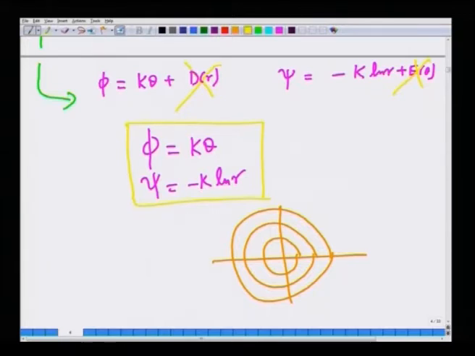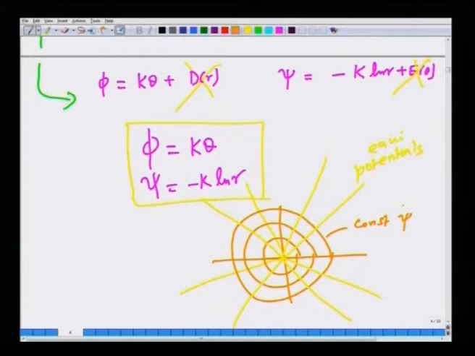So, they will be radially outgoing lines. Okay. These are equipotentials, and these are constant psi lines. Okay. So, these are three fundamental solutions of potential flows, simple solutions of potential flows.